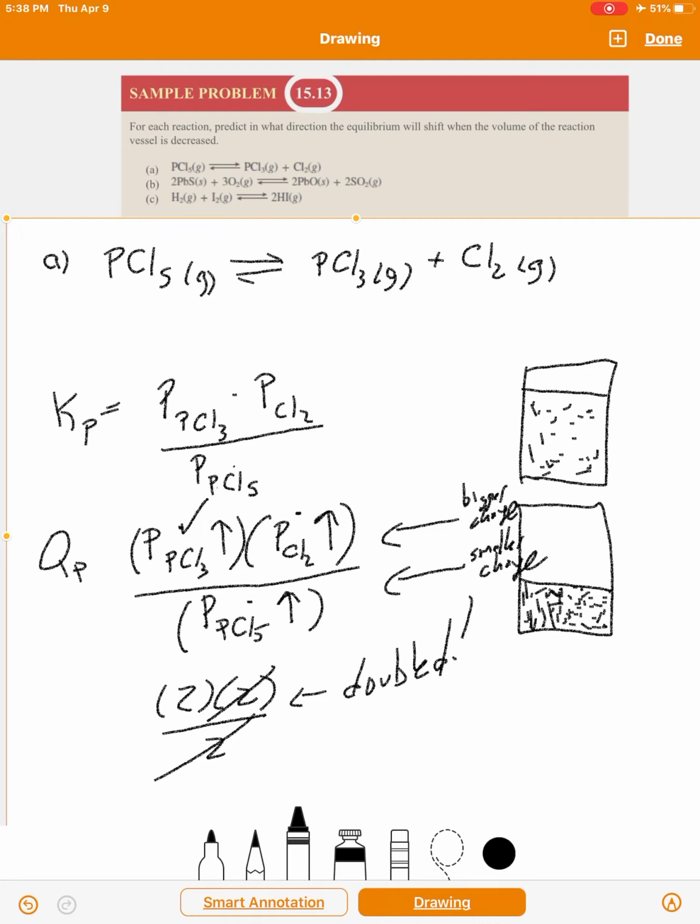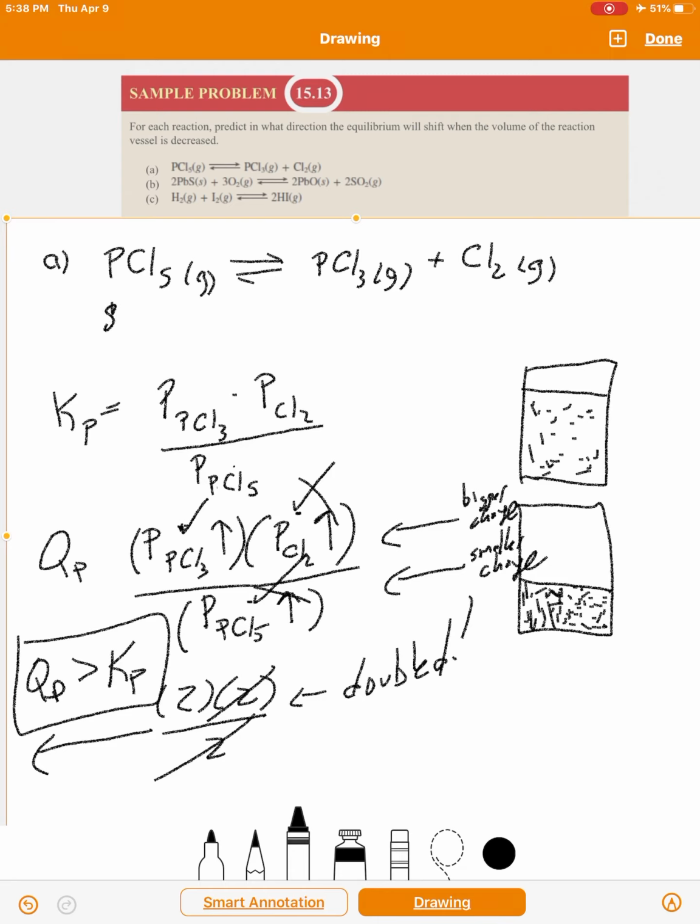The doubling of this cancels with that one, and so overall we doubled it. So that means that Q has been doubled, which means it's larger than K. If Q is now larger than K, the reaction goes that way. So that means the reaction shifts left.